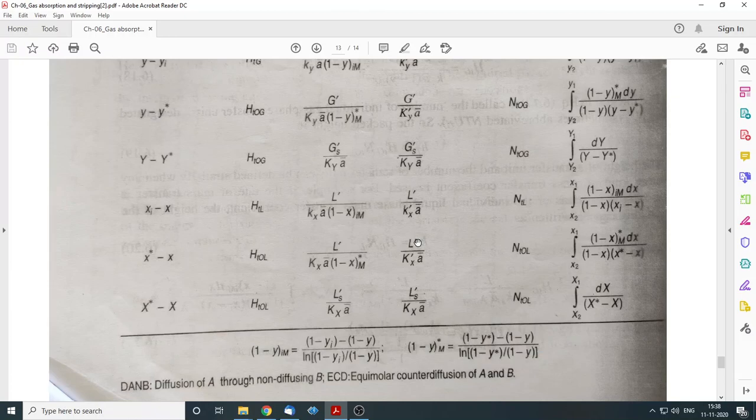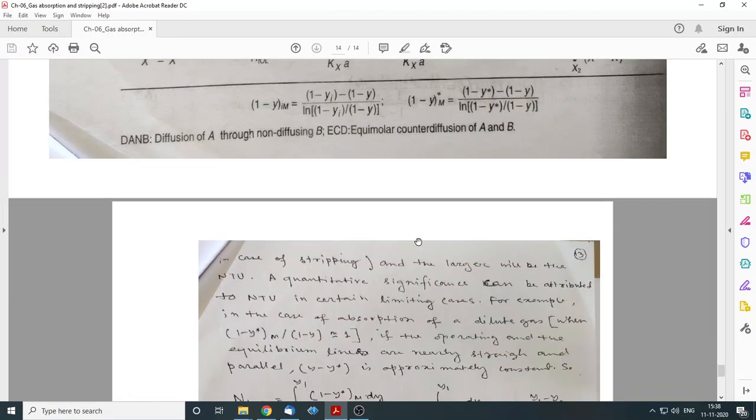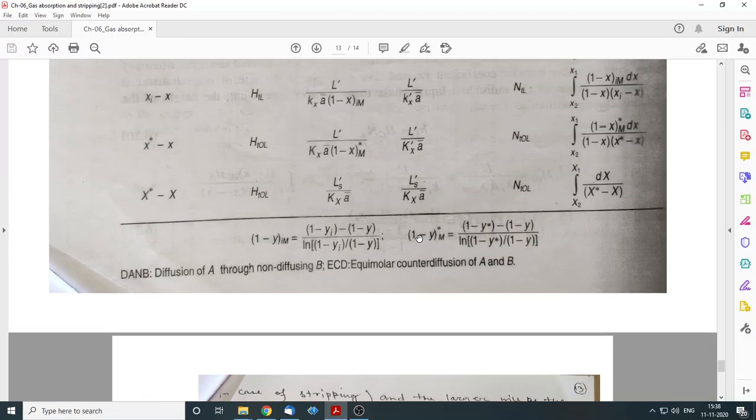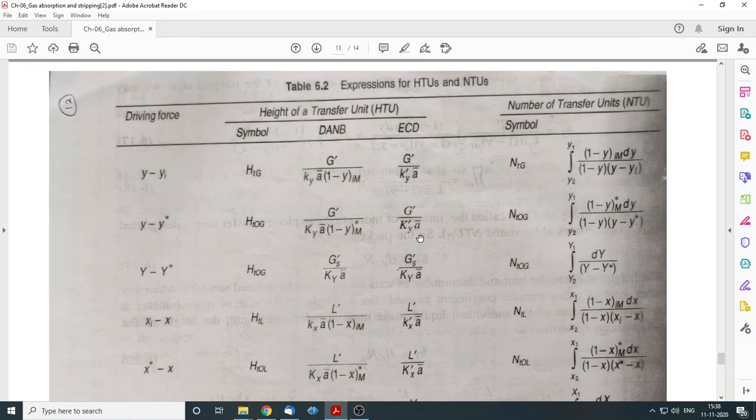So here, what we have seen is how to calculate the height of a packed tower. To calculate the height of a packed tower, you have to take a differential mass balance, then you have to integrate, because this is a continuous process.